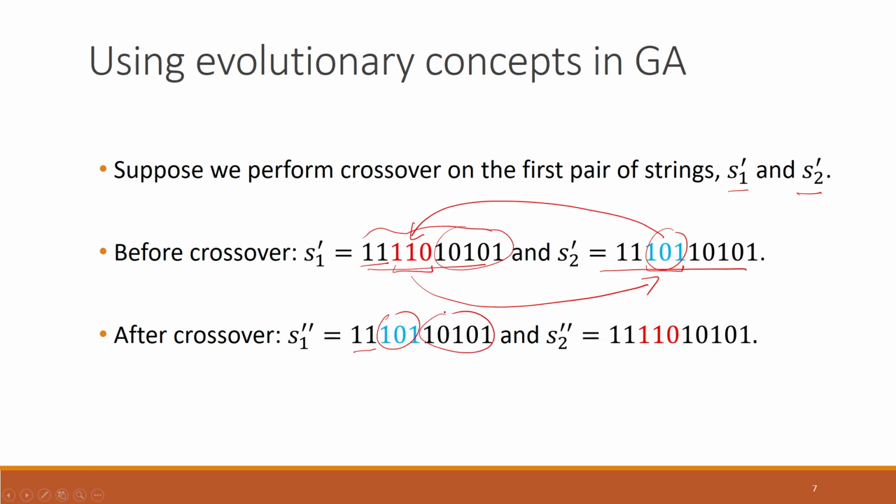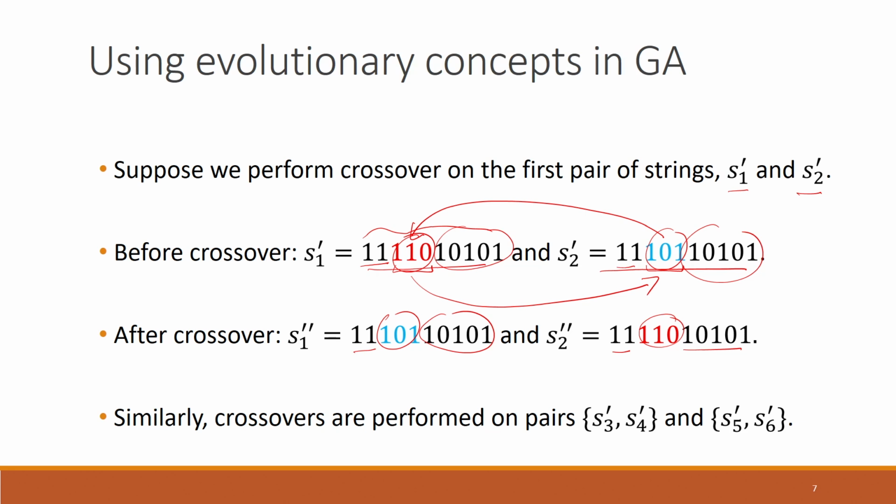Similarly, in the second string that gets generated after the crossover, this part is the same here, and this part has been obtained from the first original string, and this one comes as it is here.